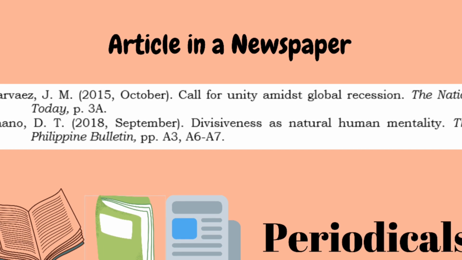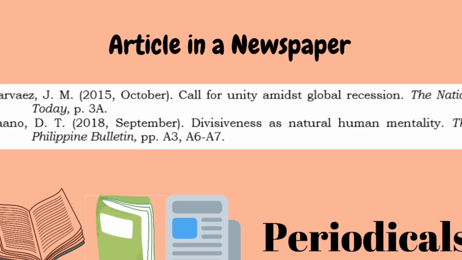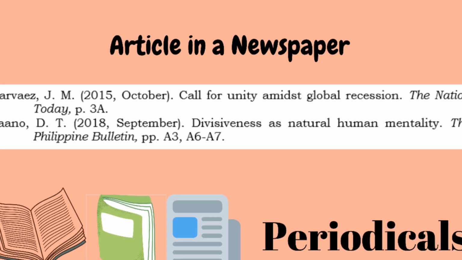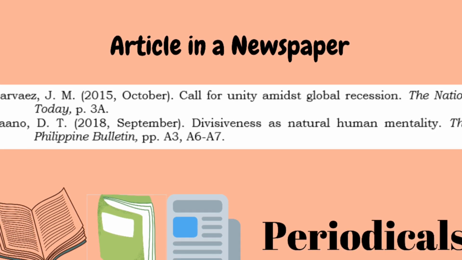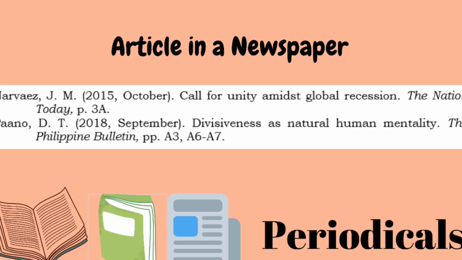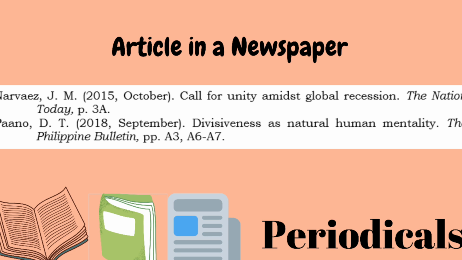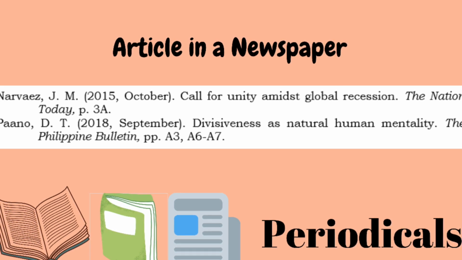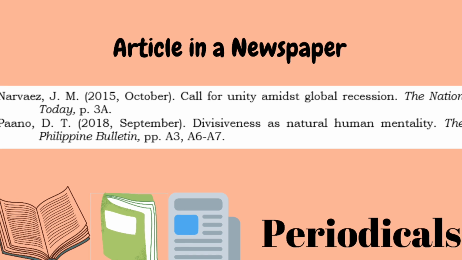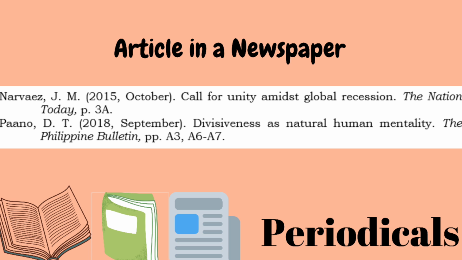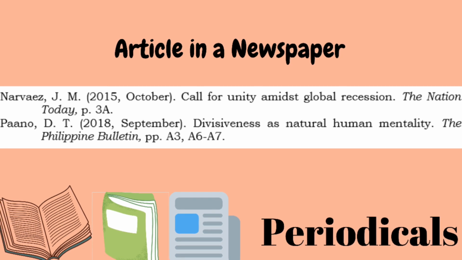Unlike other periodicals, abbreviations like p. or pp. are used to indicate the page number for newspapers. For example, Narvaez, comma, J. period, M. period, and just like in magazines, we specify the month. So we have 2015, comma, October, enclosed in parentheses, period. Call for Unity Amidst Global Recession is the title of the article, period.